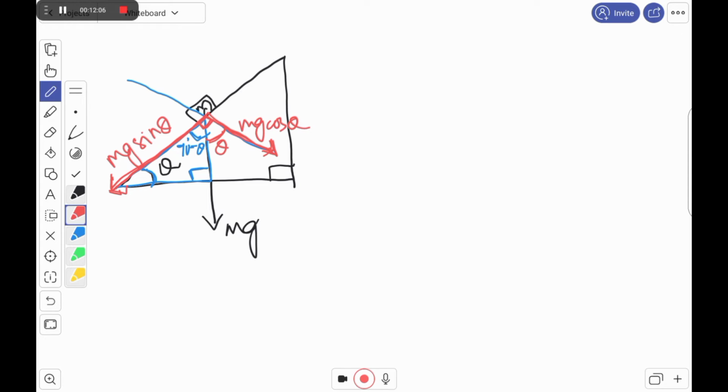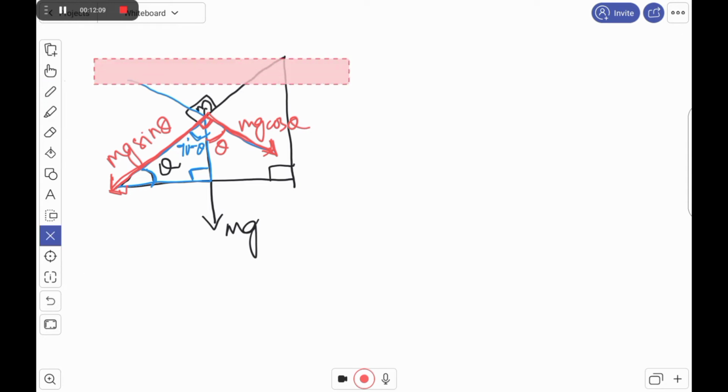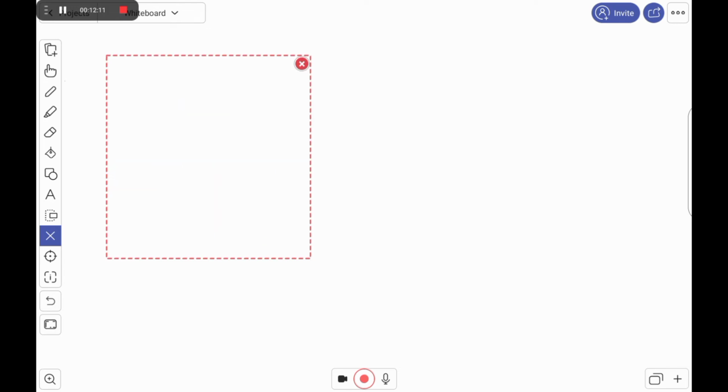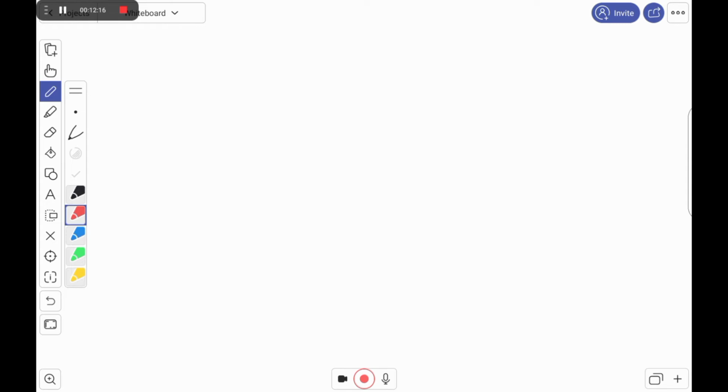Let us see another example. Okay, because the more examples you do, the more confident you will be with the resolution of vectors. Suppose now multiple vectors are here. So this is your y and this is your x.